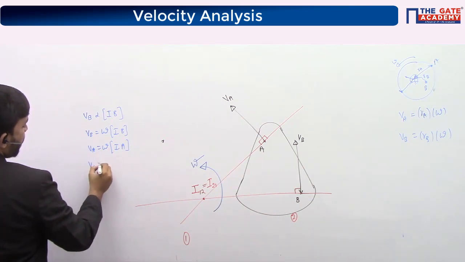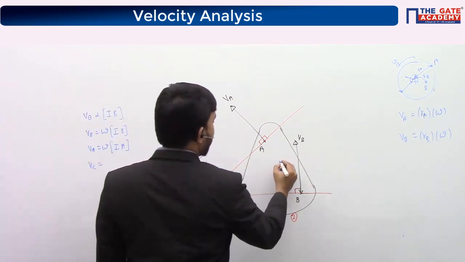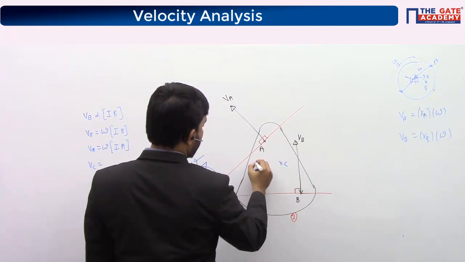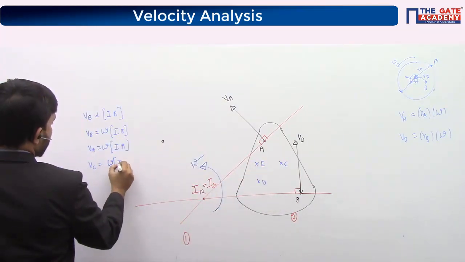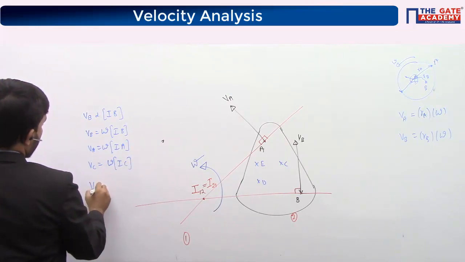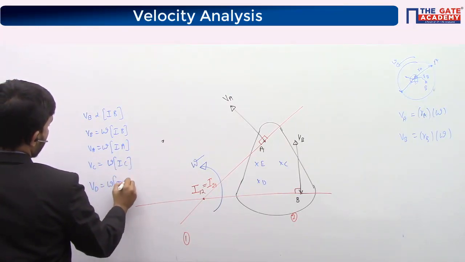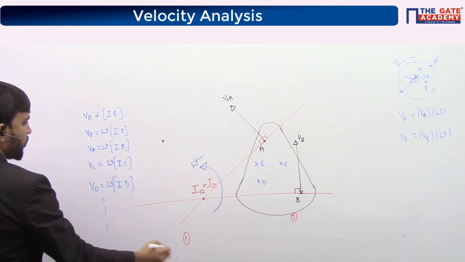If you want to find the velocity of any point C or D or anything, velocity of C is omega times the distance between I and C. Velocity of D is omega times the distance between I and D, and so on.